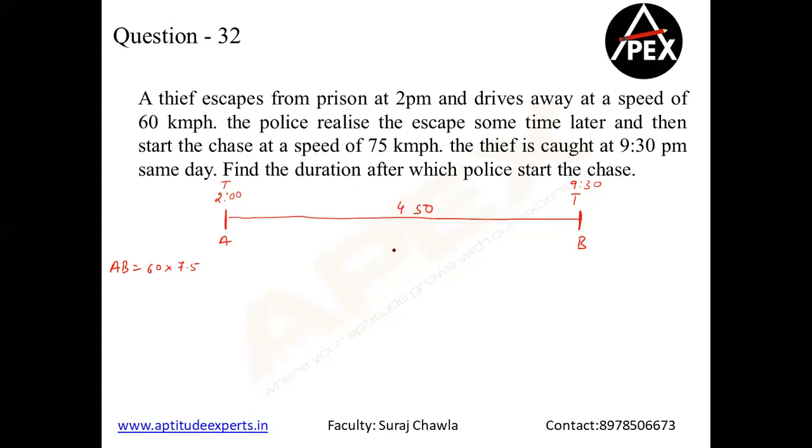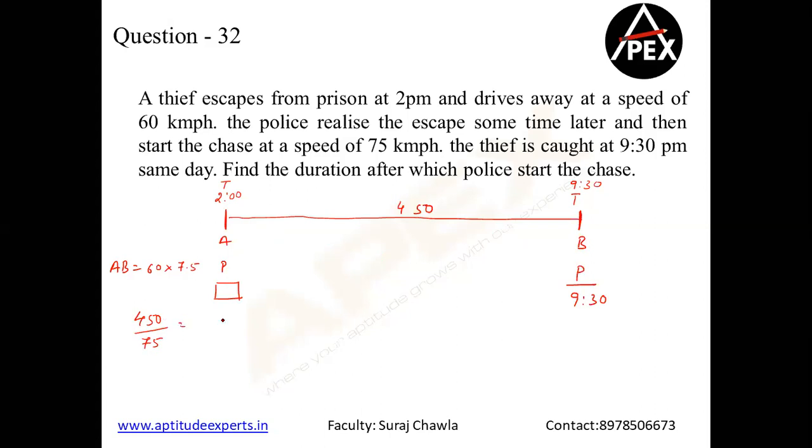Now, I do not know at what time the police started. But I know one thing, that the police reached here at 9:30 p.m. Clear? So I know that the police has covered 450 kilometers at its own speed. So let me take 75 kilometers per hour. Let me see in how many hours the police covers the distance from here to that point.